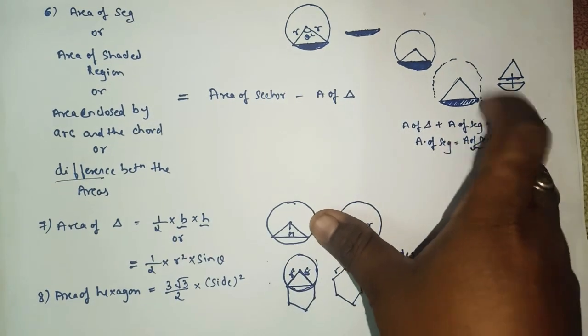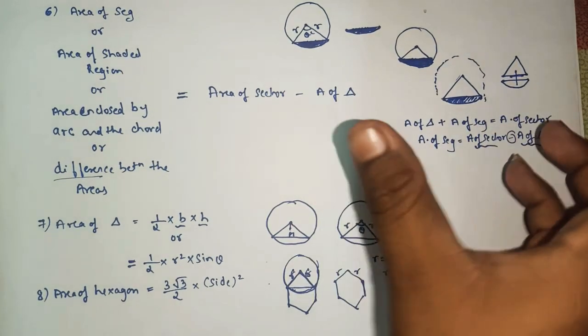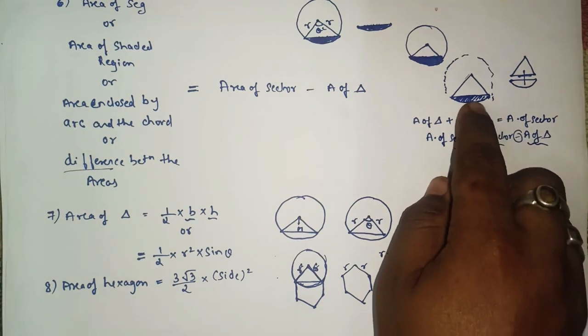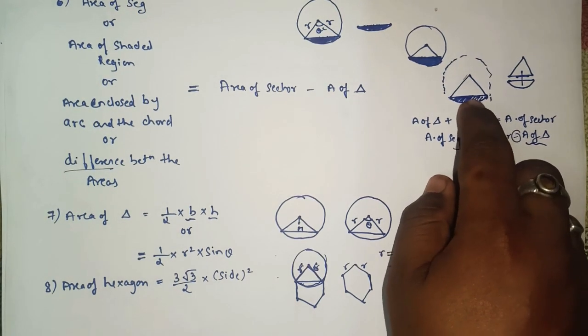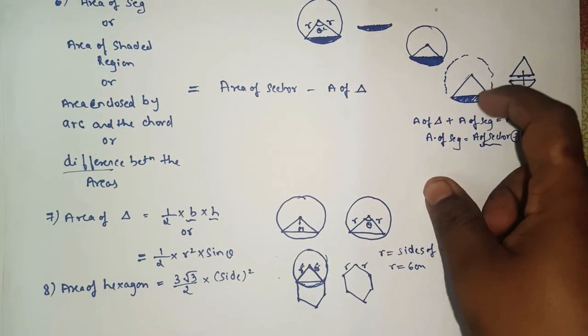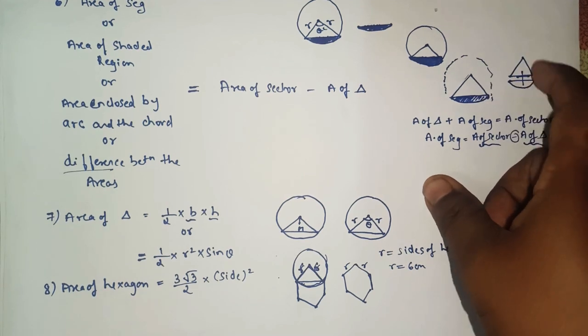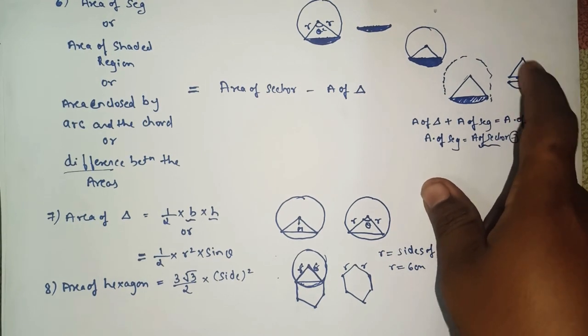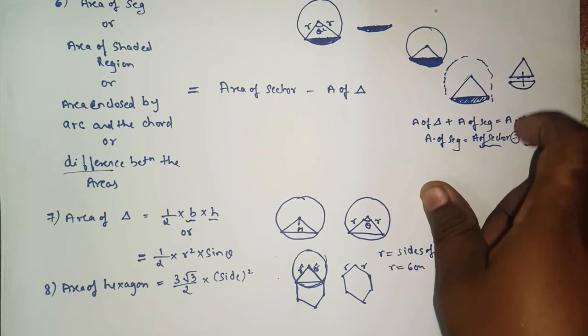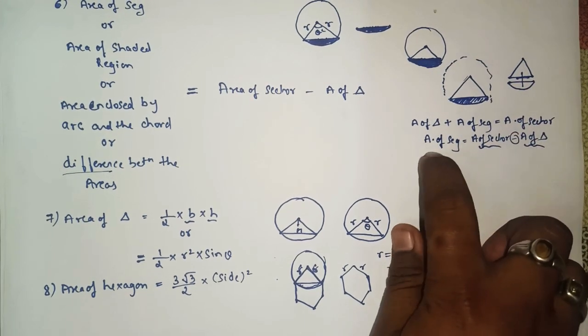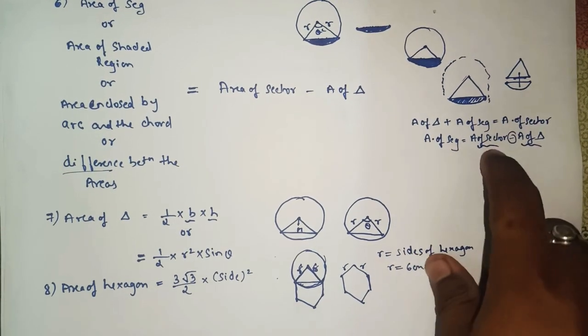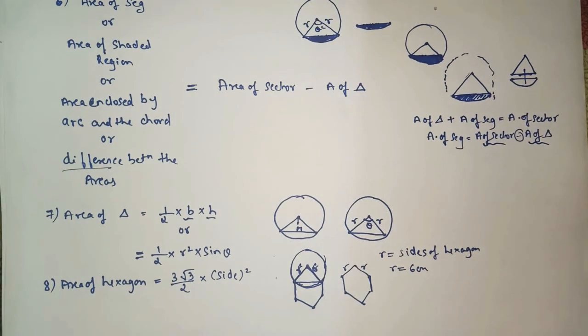Here I explained how to form the formula. If you want to find the formula for the segment, we have two shapes, one is a triangle and one is a segment. When you add these two shapes you get the area of sector. So here we got the formula for area of segment: area of sector minus area of triangle.